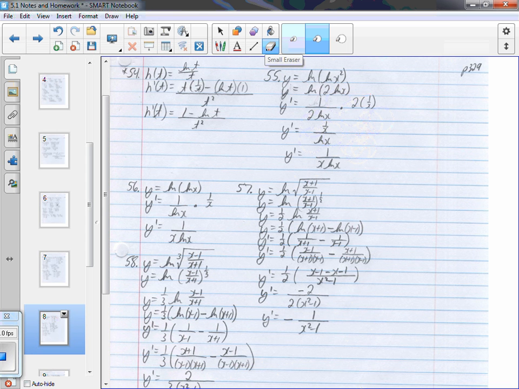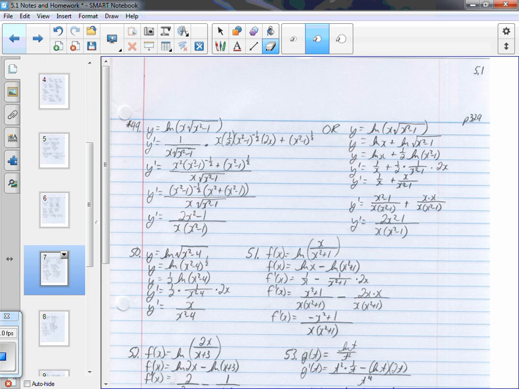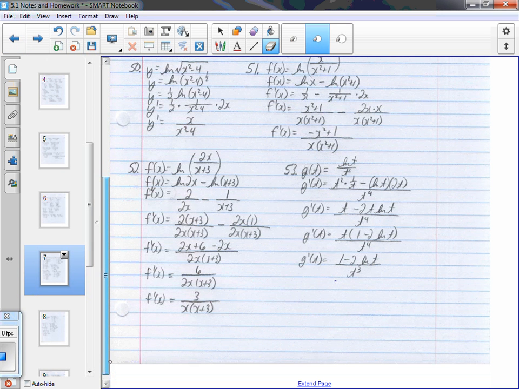52 is a whole other story. And we'll see. All right, on 52, I'm going to use my logarithm properties to make this a tad easier. So I'm going to rewrite the natural log of 2x over x plus 3 as the natural log of 2x minus the natural log of x plus 3.